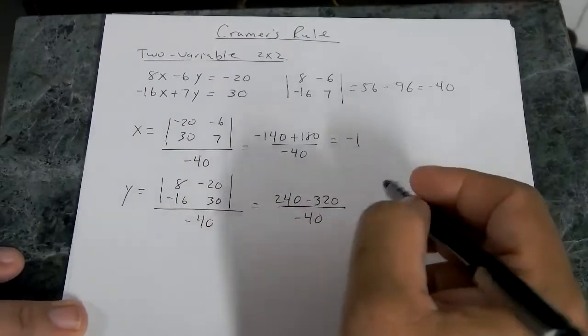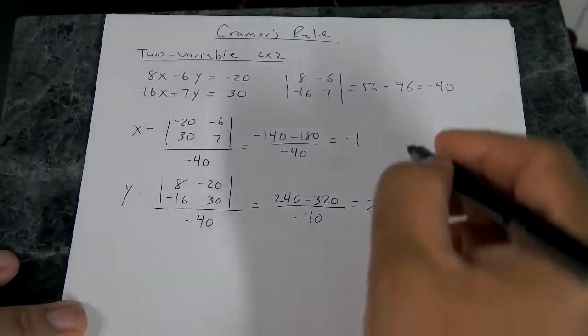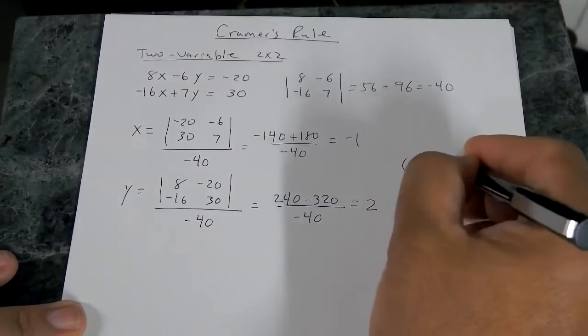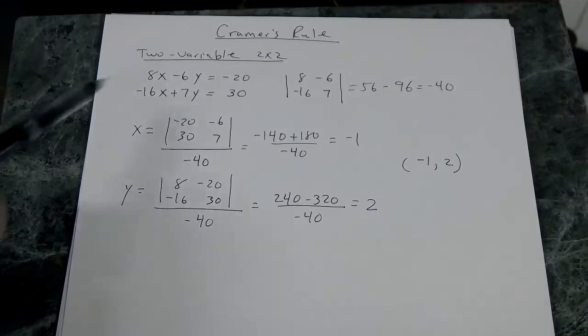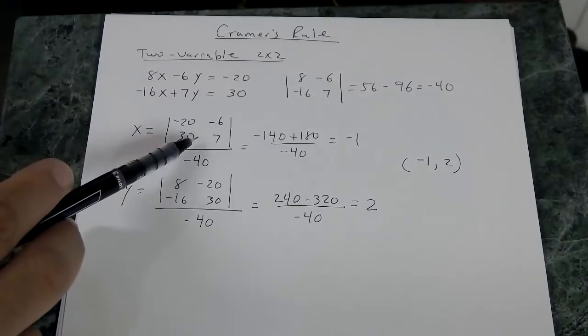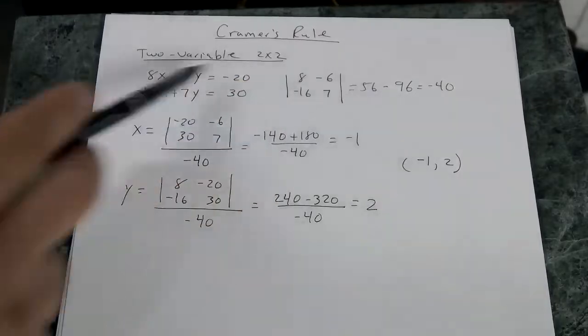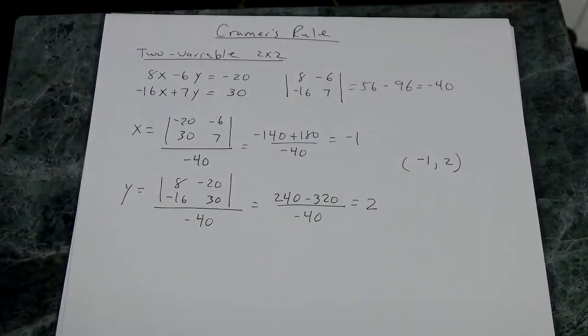We end up with 2. So the solution to this system is negative 1 comma 2. As you see, replace the variable column with the answers, and then divide by the determinant. So that's a 2 by 2.